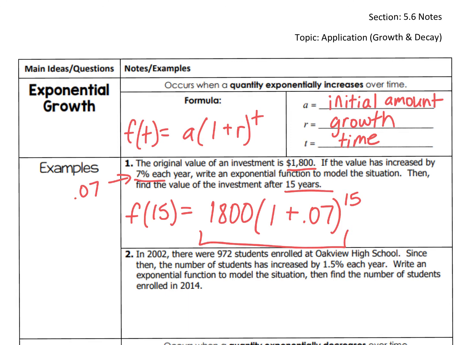Tell me what you got. What did we get? 0.3 what? I rounded that up.